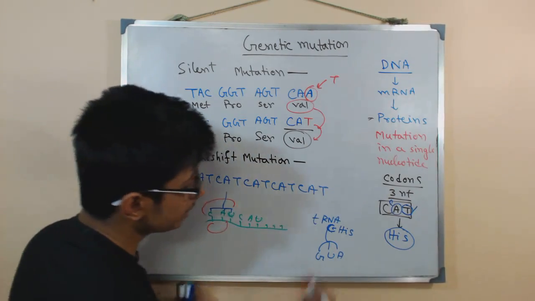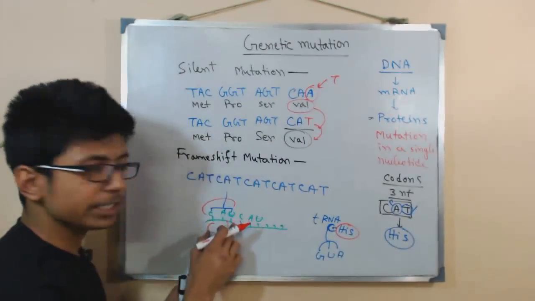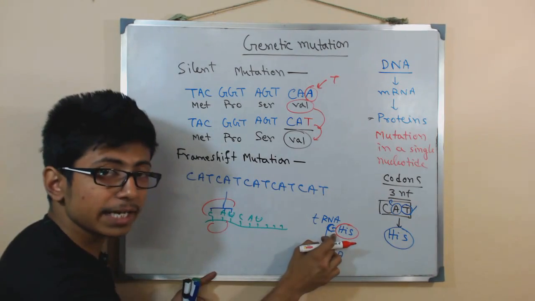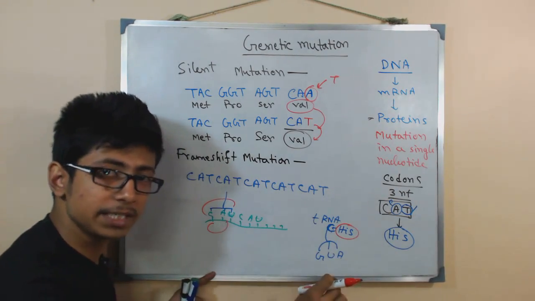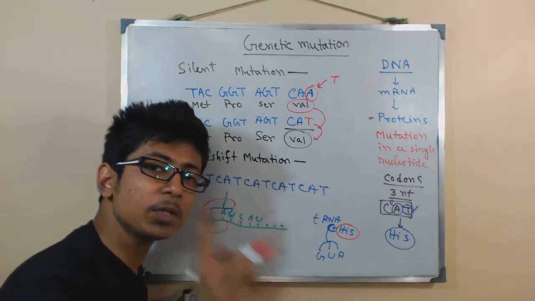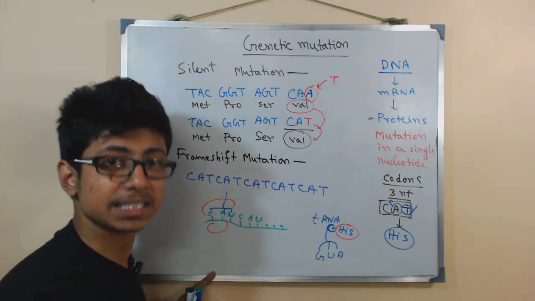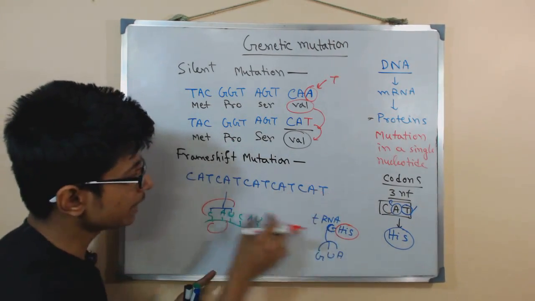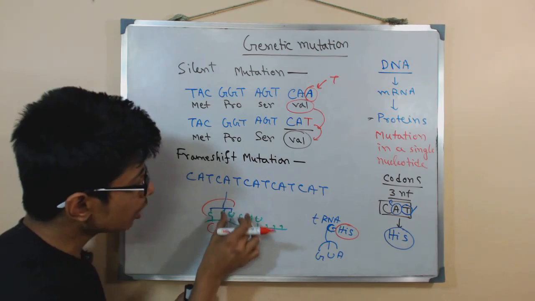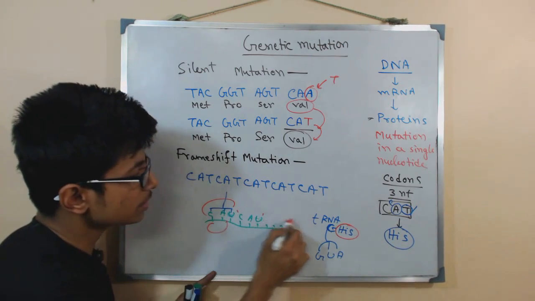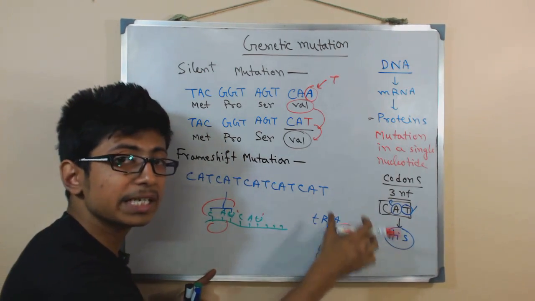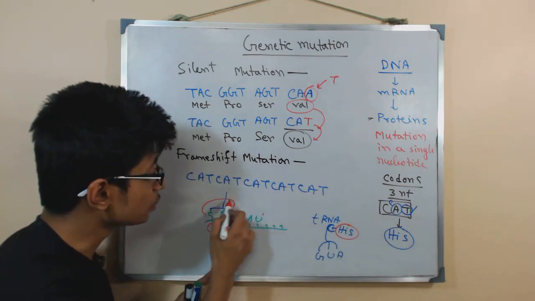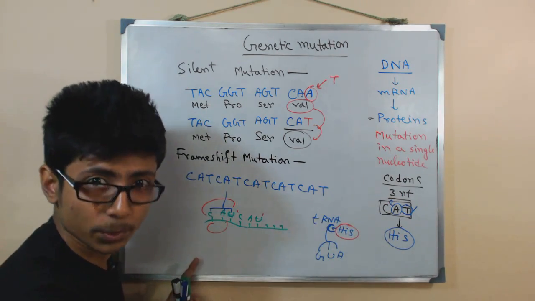So histidine corresponding to CAU will attach with this histidine-specific tRNA, because there are specific amino acid tRNAs present in the cell. So that tRNA will bring histidine to the place. So on, depending upon different codons, different tRNAs will bring corresponding amino acids, and they will join the amino acids, then produce the proteins.